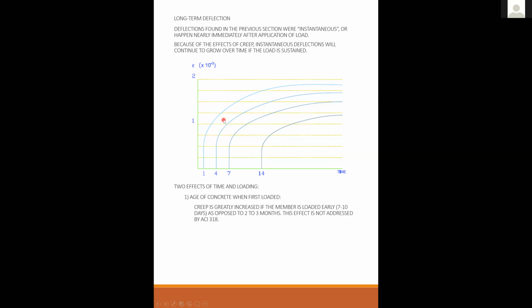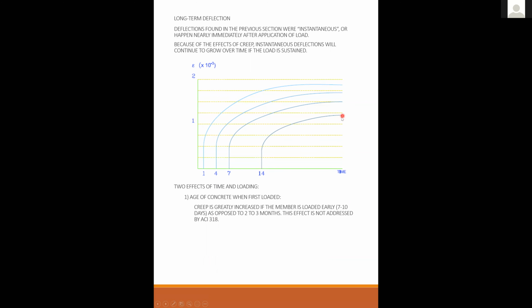What this is basically showing is these are multipliers. If you loaded up a beam on day 1, then ultimately you're going to get a lot more strain than if you applied the same load on concrete that's 2 weeks old.